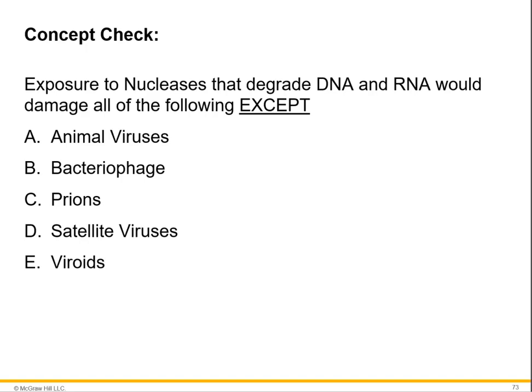Bacteriophages have nucleic acids. Satellite viruses have nucleic acids. And viroids, we just learned, is a short strand of RNA. The only one in here that does not have nucleic acid are prions. Prions are misfolded proteins, okay? So something that degrades nucleic acids is not going to affect a protein.